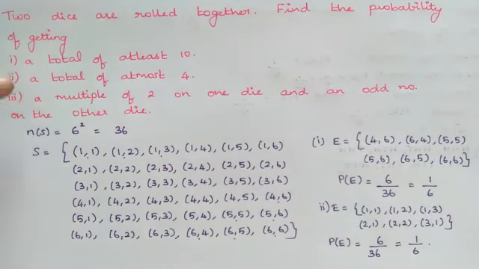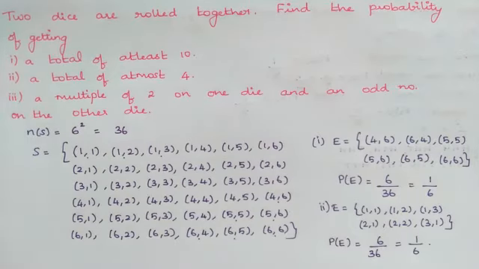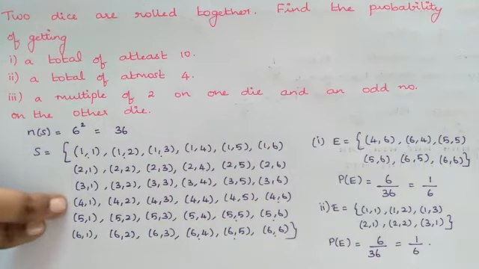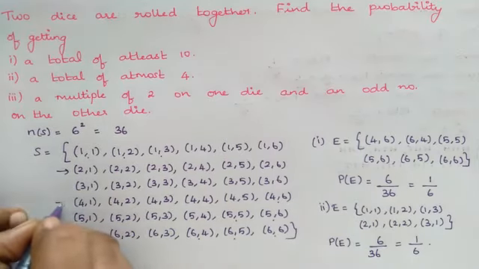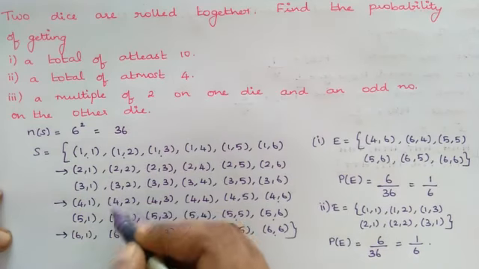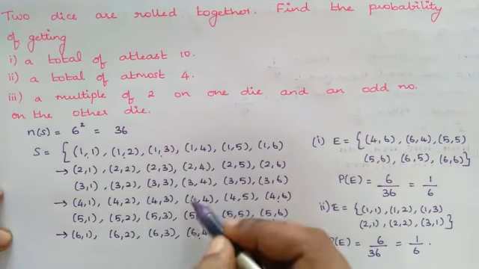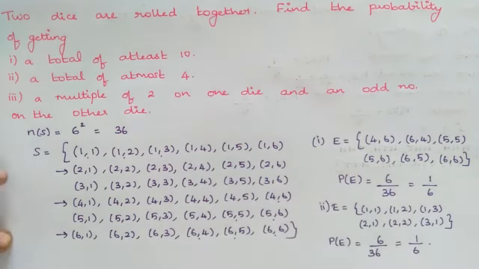A multiple of 2 on one die and an odd number on the other die. So multiples of 2: 2, 4, 6, 8, 10, all these are multiples of 2. So 2, 4, 6, let's consider these 3 rows alone. Because here the first die is going to have the even numbers, that is a multiple of 2 on one die. So we are going to consider this.